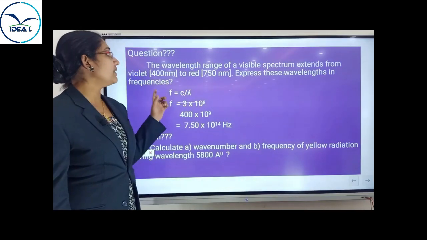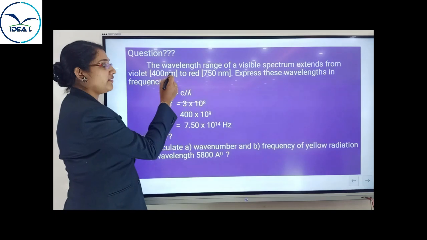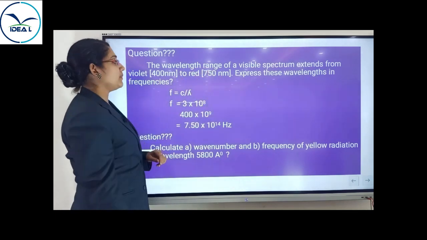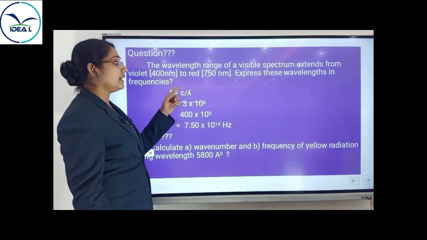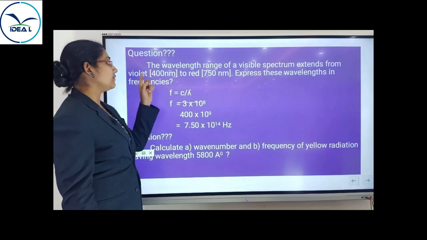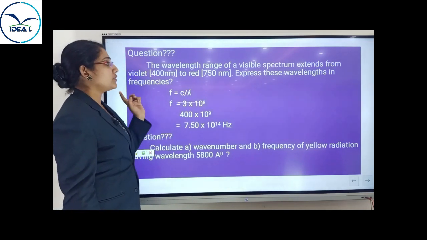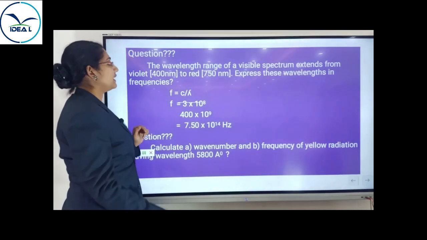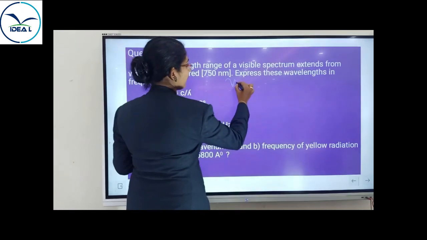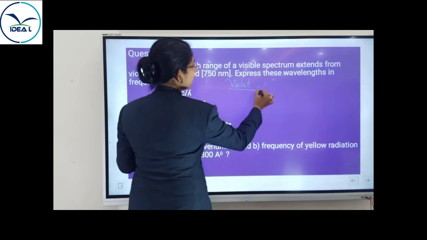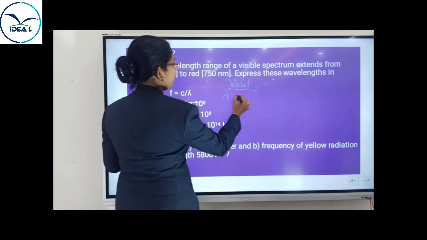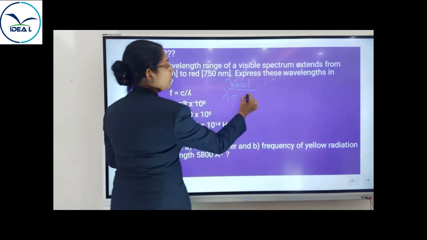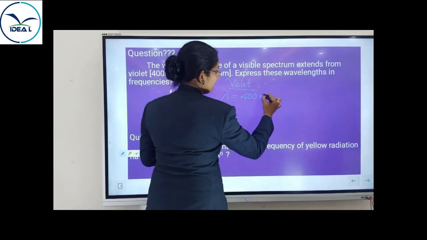Here two problems are given. The first one is: the wavelength range of the visible spectrum extends from violet to red. Express this wavelength in frequency. So we have to calculate the value of frequency. First of all, we have to write the given values. Wavelength lambda is given as 400 nanometer.